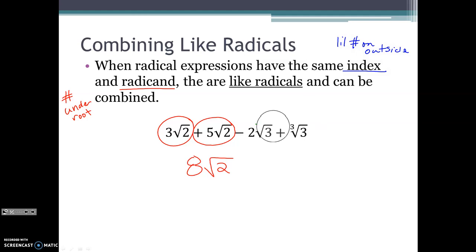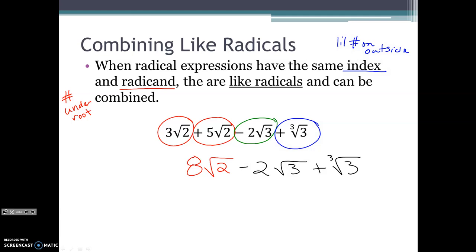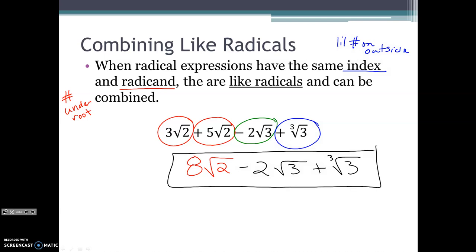The index of these are different, which means that I could not combine this with this. Those could not be combined together. So this would simply stay as a minus 2 square root of 3 plus a cubed root of 3. So that is all the more that we could simplify that.